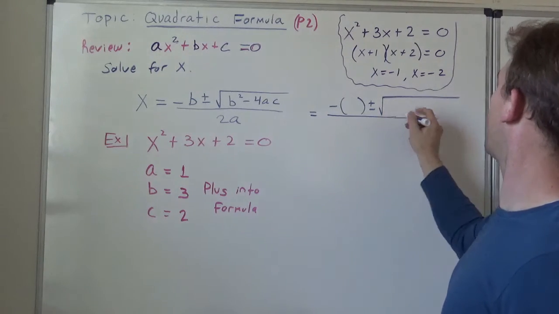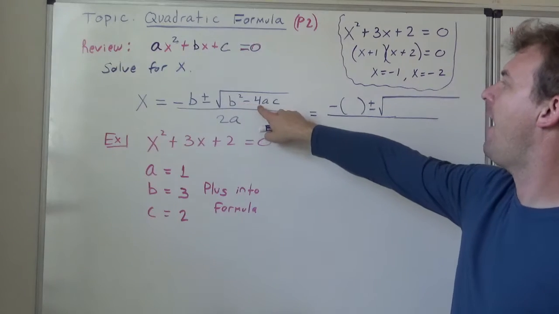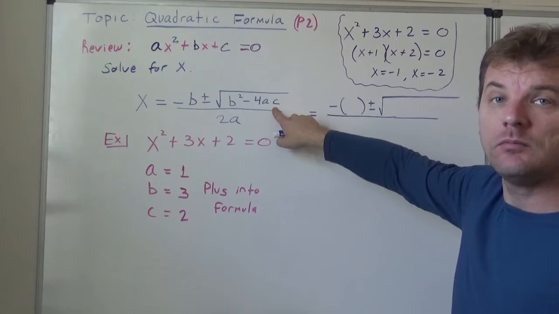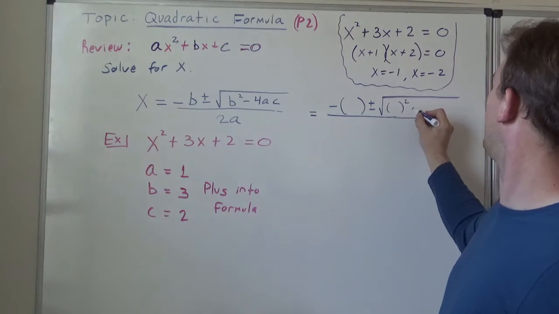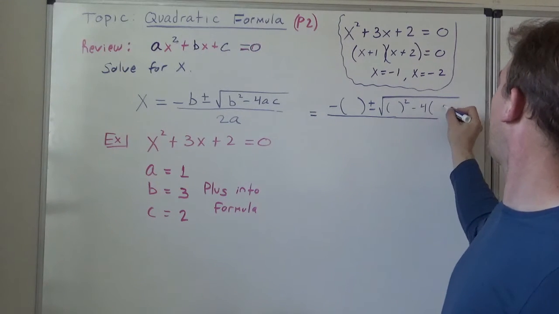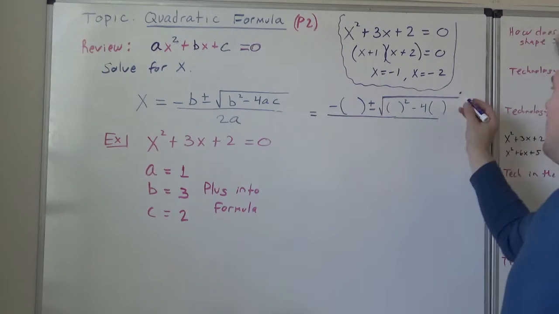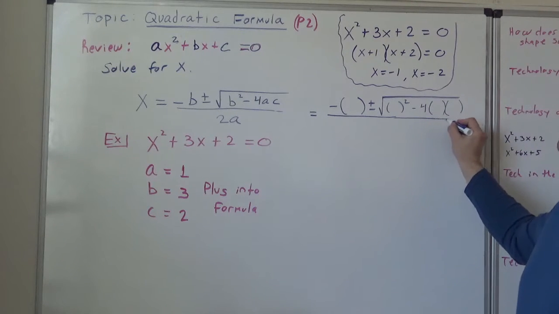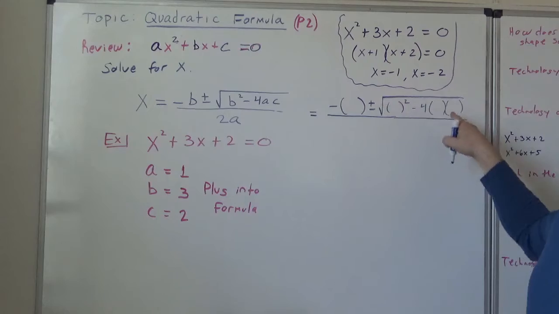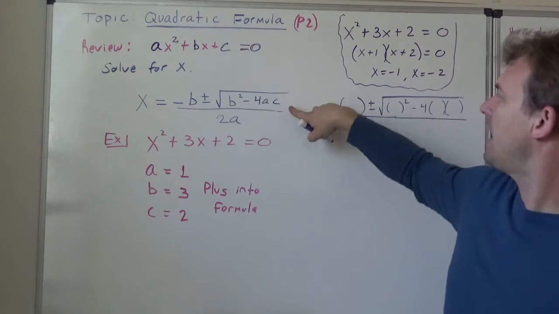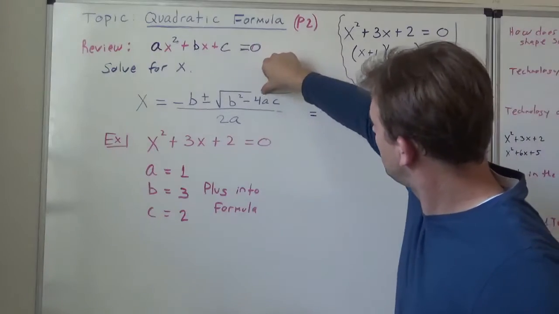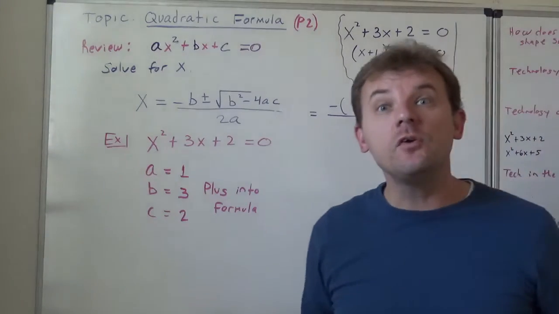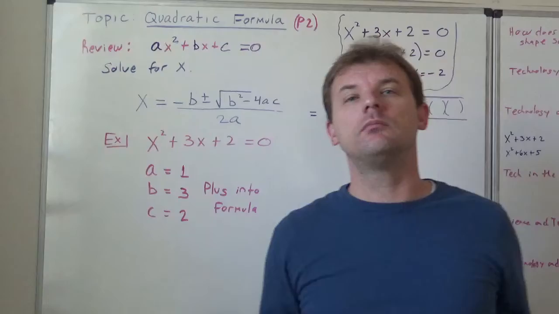Make sure that the square root covers everything inside. So you have b squared minus 4a times c. You see how that square root covers everything inside? Be very careful. Some students do this, and then they get confused when they take the square root.